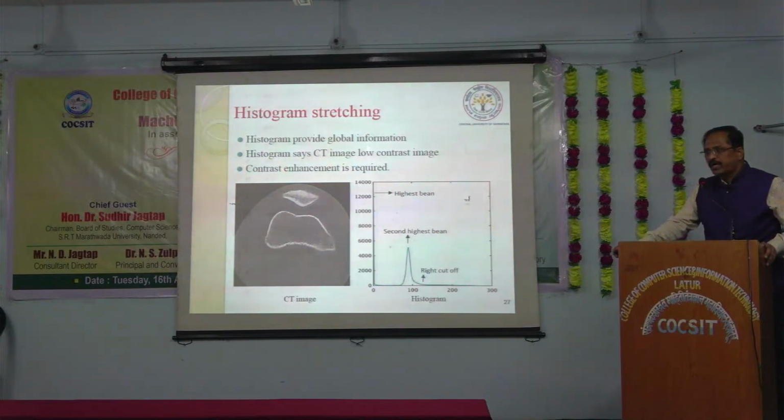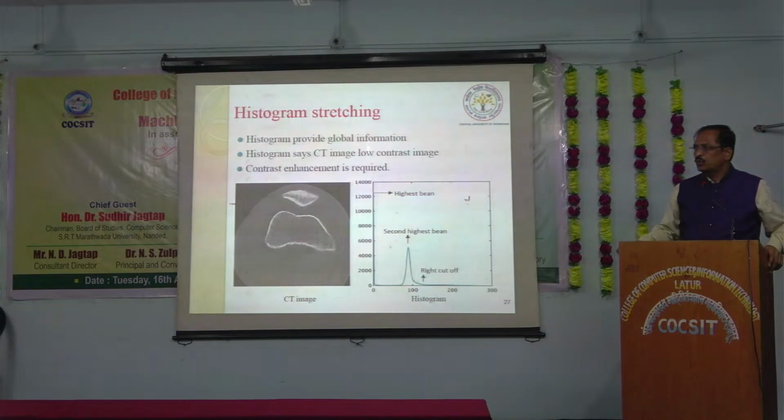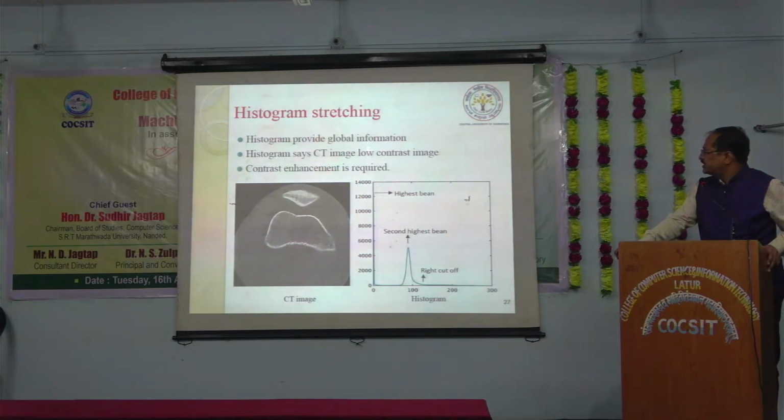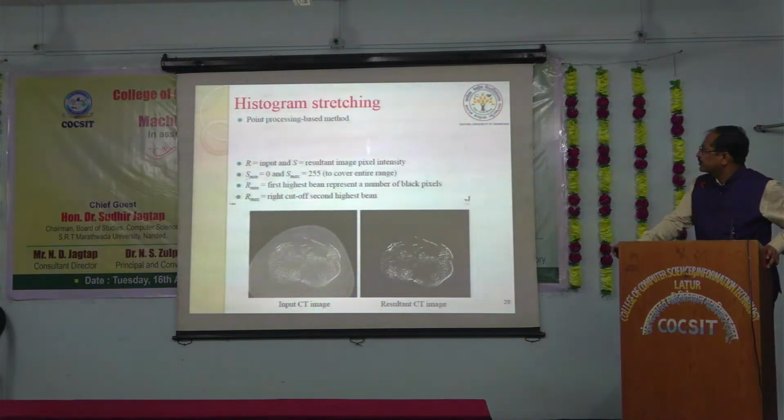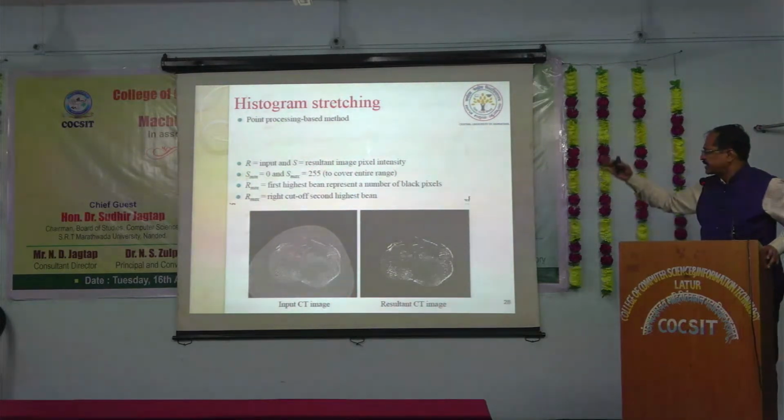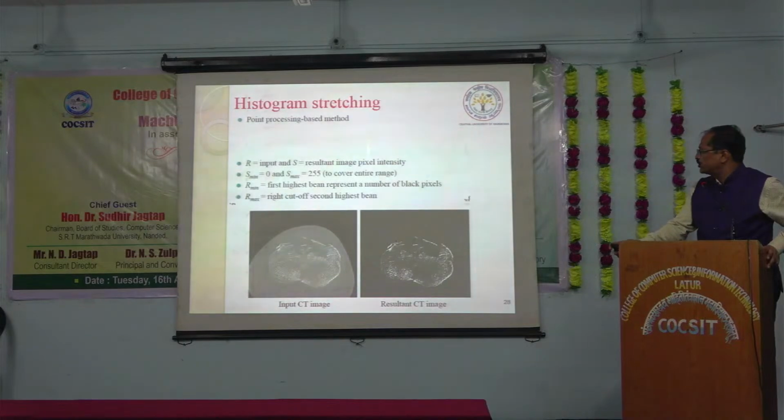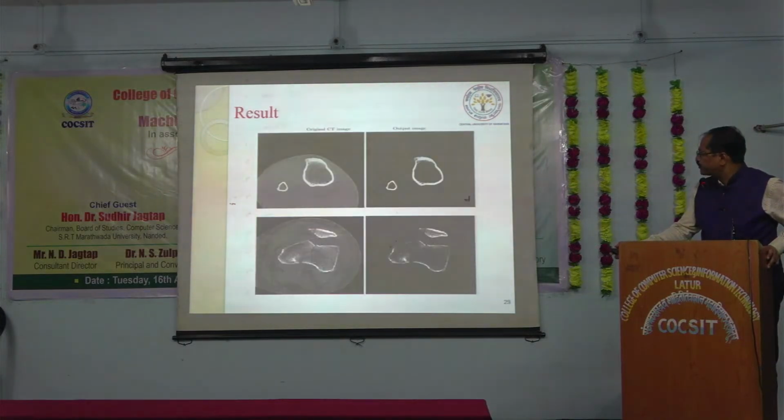Histogram basically provides the image information. The histogram tells about the CT image, for example low-contrast images. Then contrast enhancement techniques were also applied to improve the contrast. Some part of the code is shown here, showing how we improved the histogram.